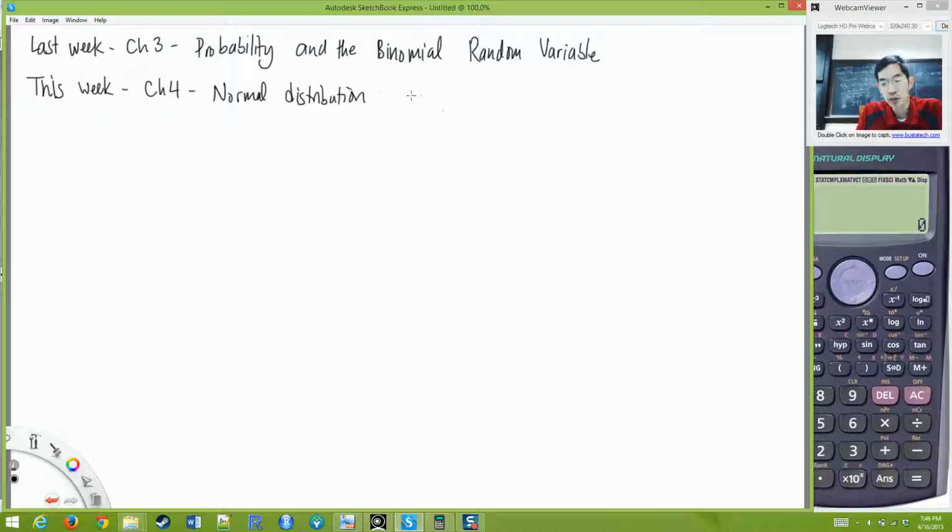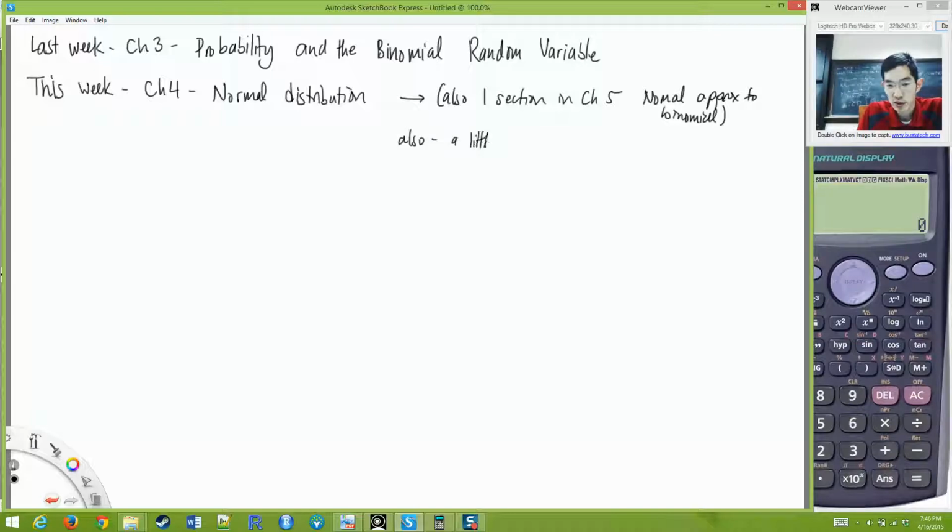And then we will also look at one section in Chapter 5, which covers the normal approximation to the binomial. Oh, and then also a little bit of R for the lab.